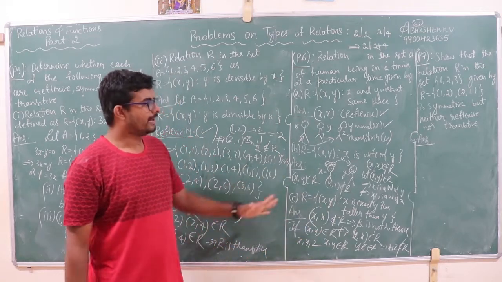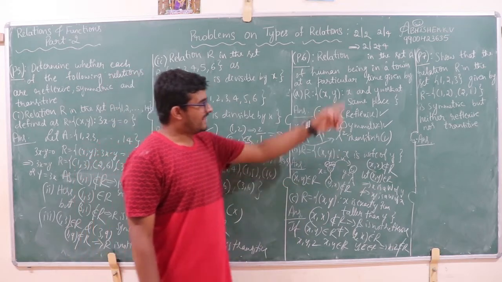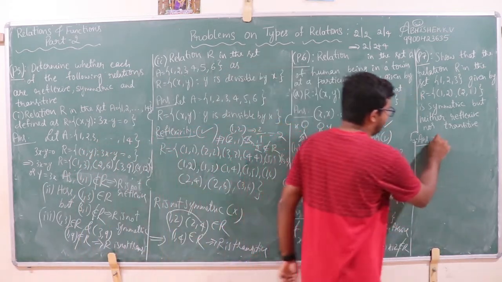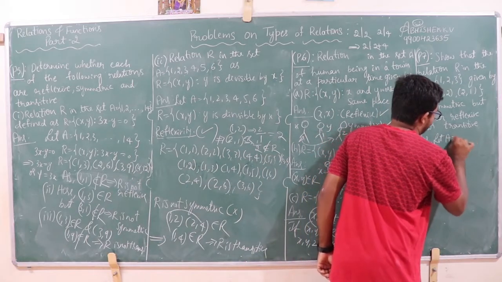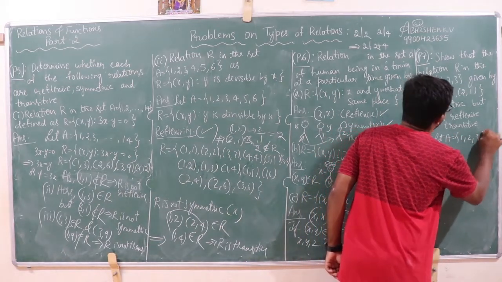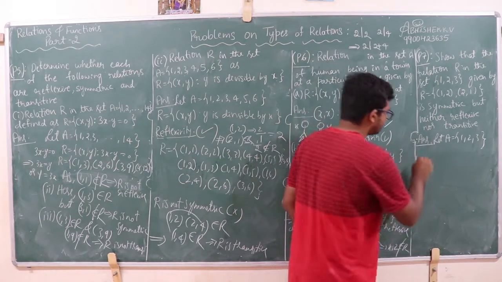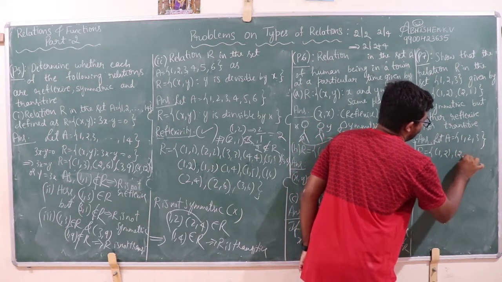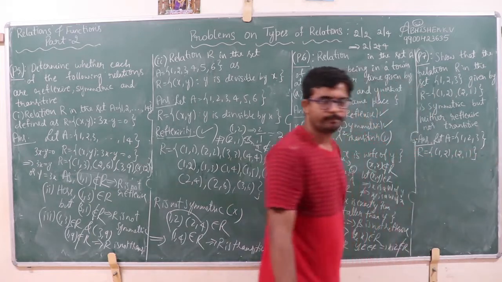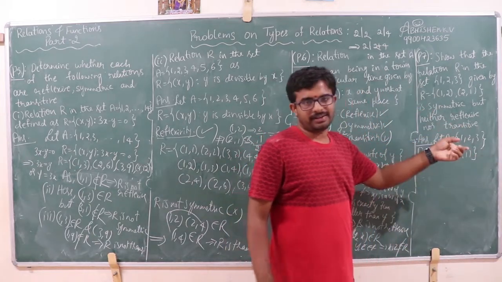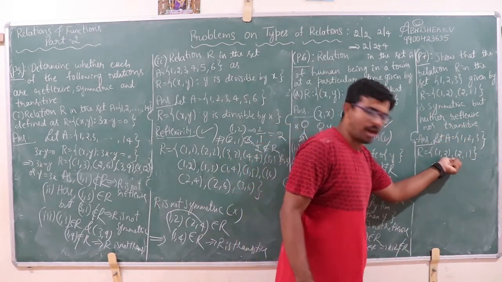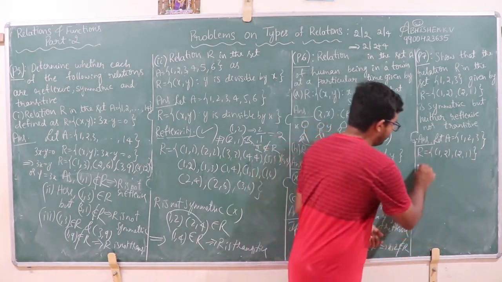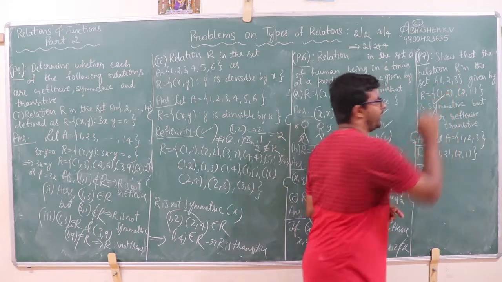I hope you are all getting this. Yes, look at the next problem. Show that the relation R in the set A = {1, 2, 3} given by R = {(1, 2), (2, 1)} is symmetric. Yes, obvious. If (A, B) belongs to the relation, then (B, A) belongs to the relation. Yes, this implies R is symmetric.